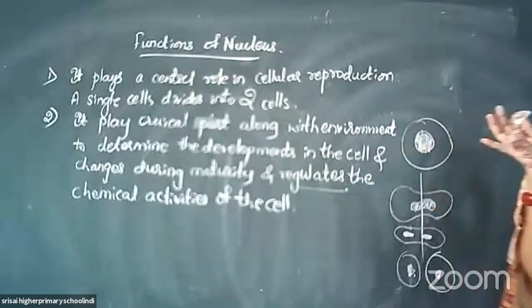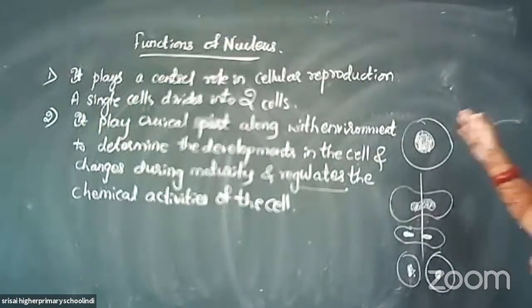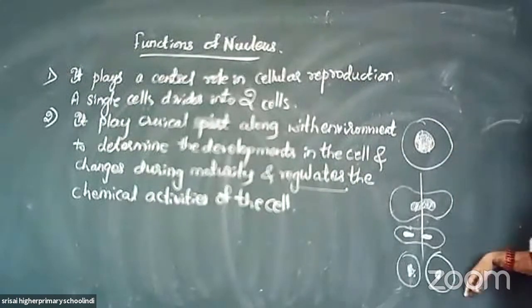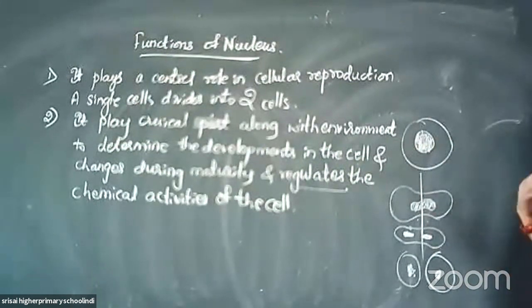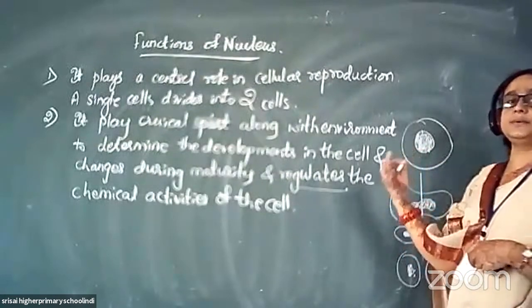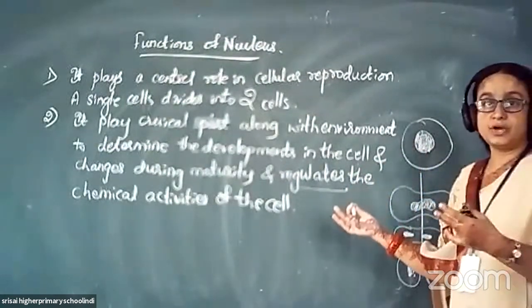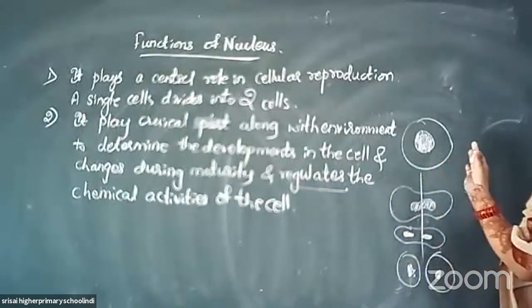Nucleus is controlling the cell. So nucleus will decide about cellular reproduction. That means it divides the single cell into two, and then it observes the developmental and maturity stages of the cell, and then it will give the order for the chemical activities that have to occur inside the cell.